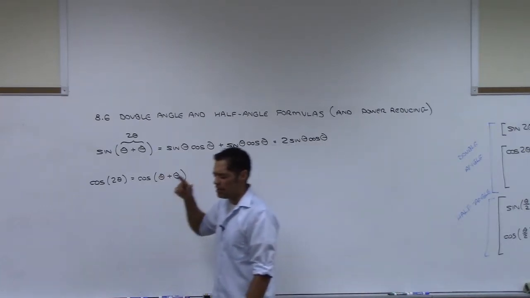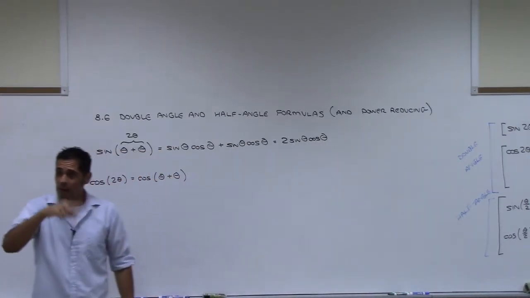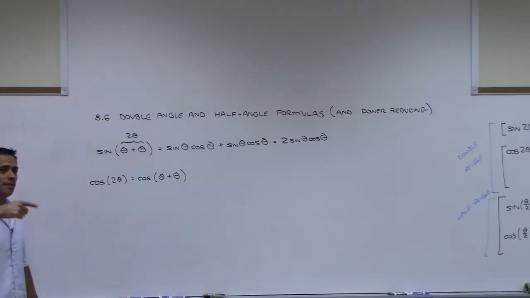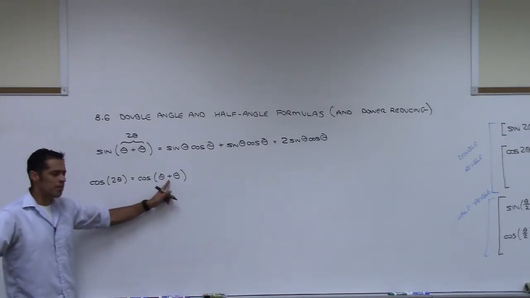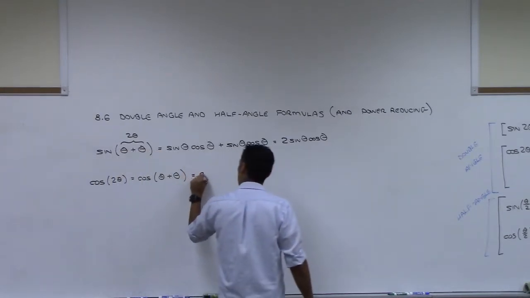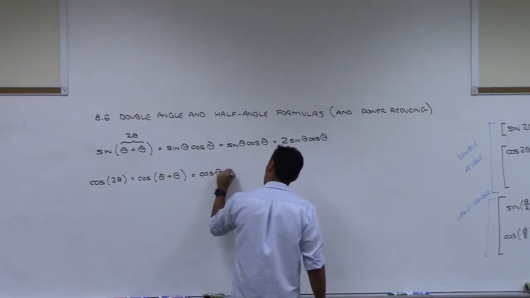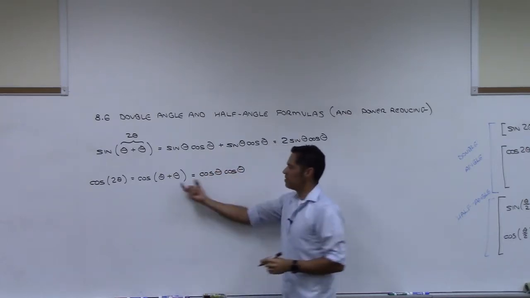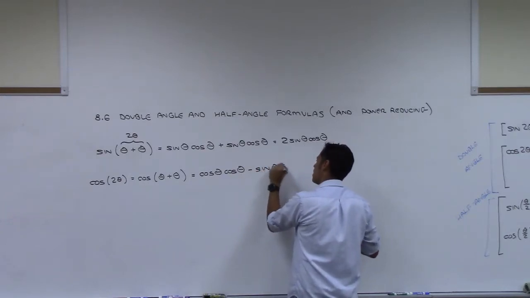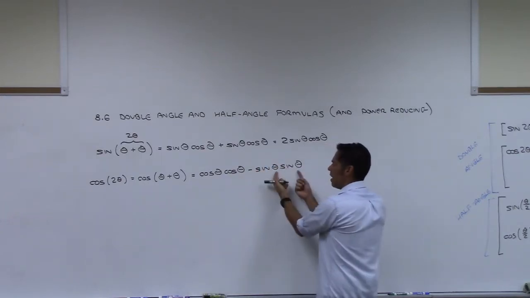The formula was, if it was cosine of alpha plus beta, it was cosine alpha cosine beta, plus or minus. If this is a plus with the cosine formula, it's minus, right? So this will be cosine theta cosine theta. It's theta twice because it's the same angle. And then minus sine theta, again same angle.